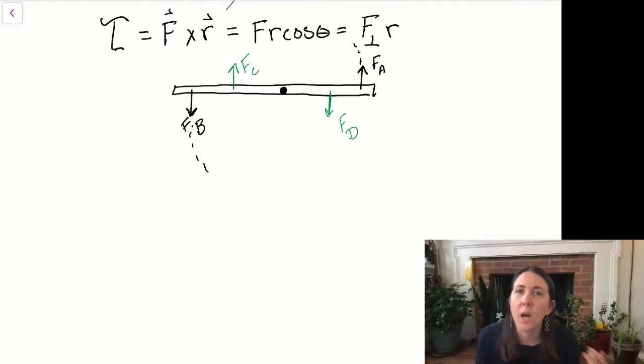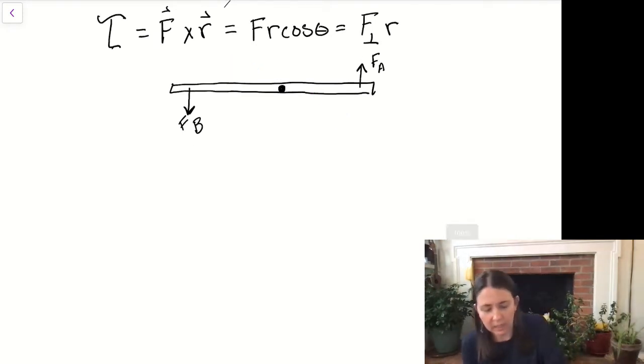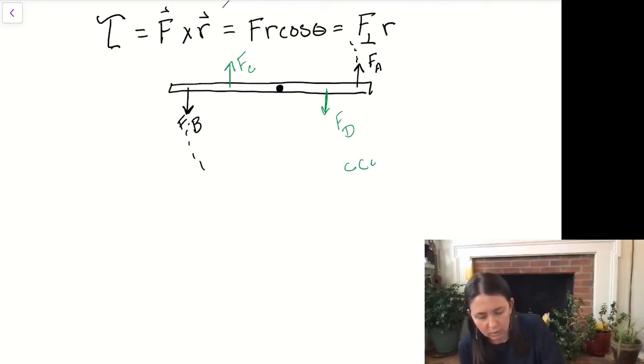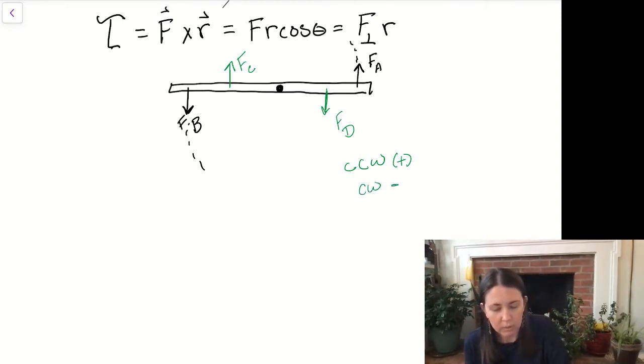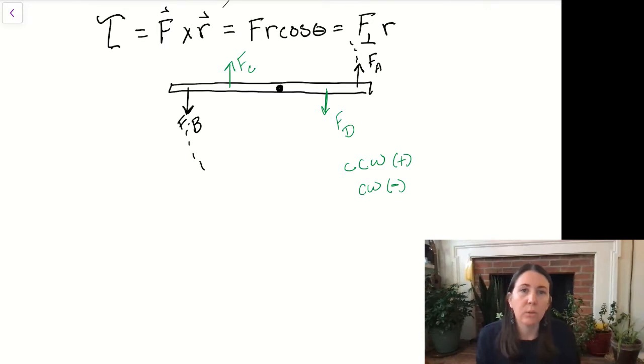Any force that causes the object to rotate in the counterclockwise direction, we consider to be a positive torque. Anything that would cause it to rotate in a clockwise direction, we would consider to be a negative torque.